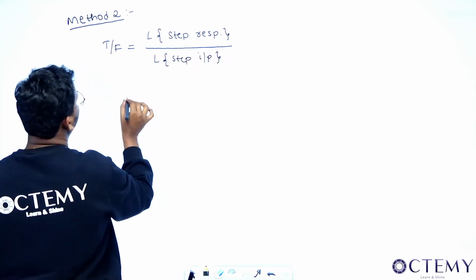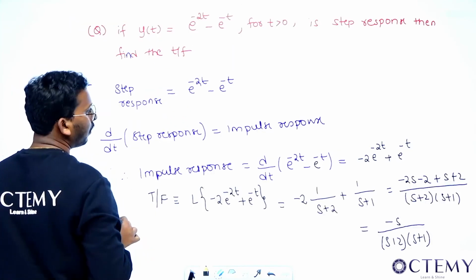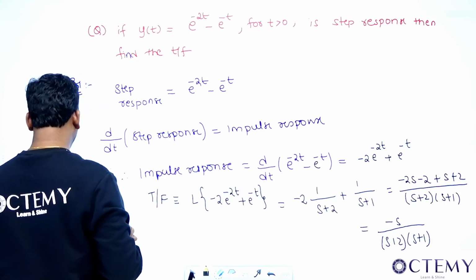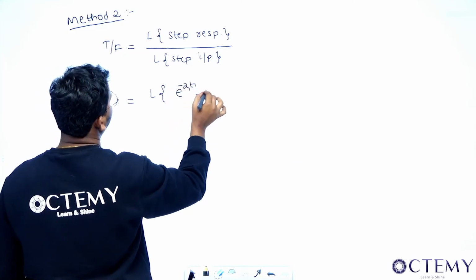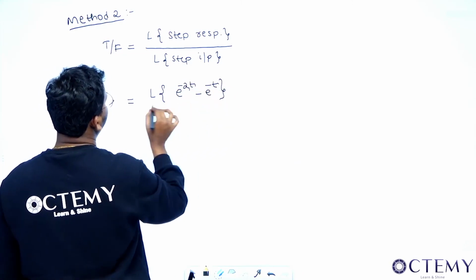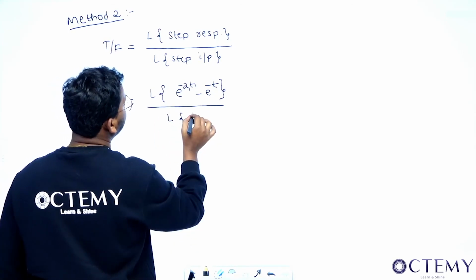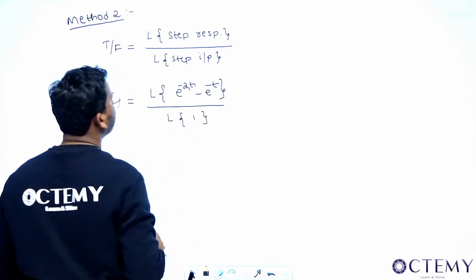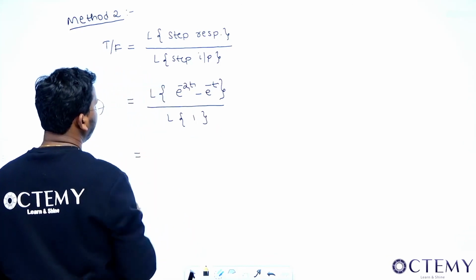So that will be equal to, what is Laplace of e power minus 2t minus e power minus t, whole divided by Laplace of what will step look like, sir? Step will look like 1, isn't it? Step will be basically 1, sir.